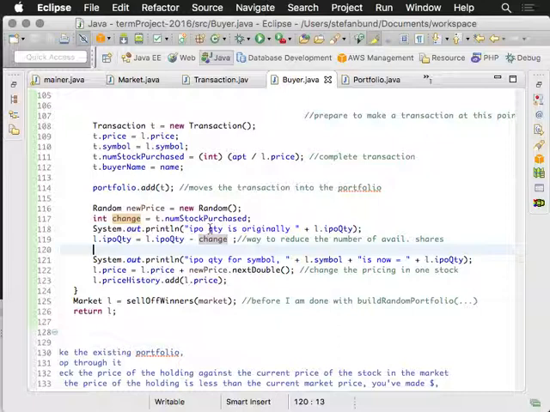And so maybe what I should say is, IPO quantity is originally, and then I want to say IPO quantity will be decreased by change. And change here is just the number of stock purchased. And I wonder why that's failing.